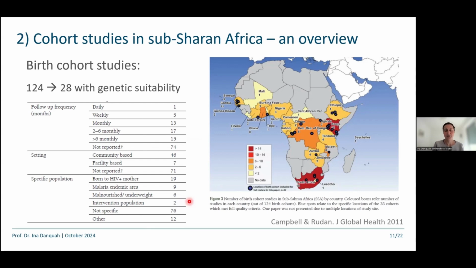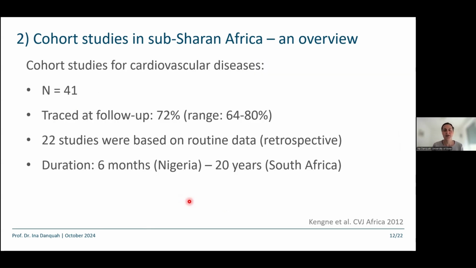Now, over the past years, there has also been a major interest in looking at cardiovascular diseases and cohort studies to be established in adulthood. And here, André Pascal Kengne and his team tried to compile information and existing evidence about cohort studies for cardiovascular diseases in sub-Saharan Africa.